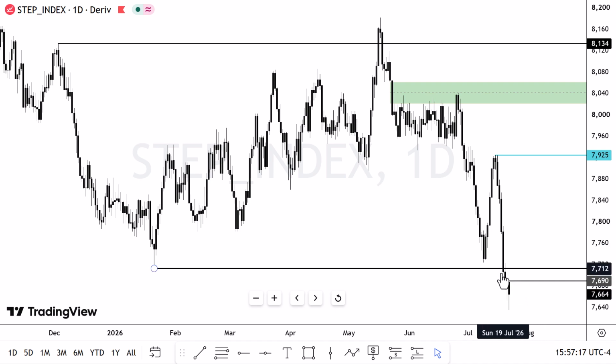So we have taken out the sell side liquidity down here, which was the January 20th low. We have taken that handsomely, right? And I did mention that around the 20th, this is when you take profits.